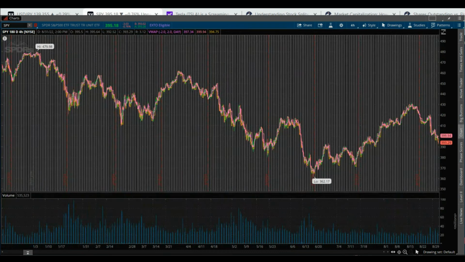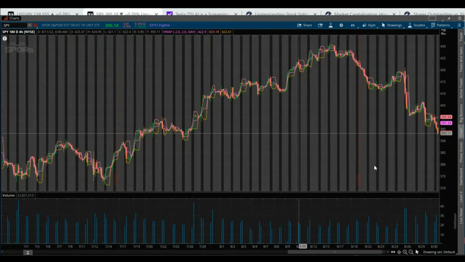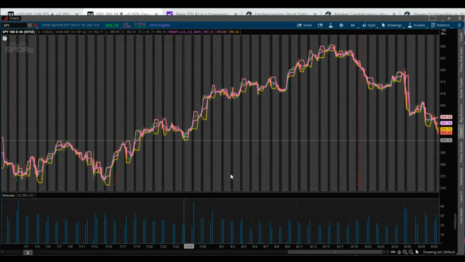I'm not a huge fan of using this at the moment just because it's harder to see, but if you look right on this line, there is a little bit of support and reversal at the 390 level. And past that, there's not really much volume here, but there's something that looks like it might hold at the 380s, but not as strong as this reversal here.